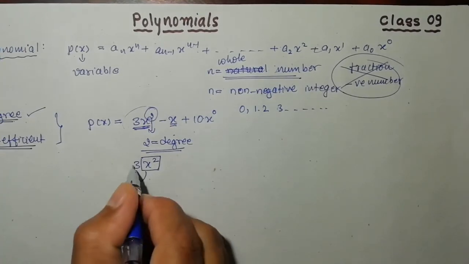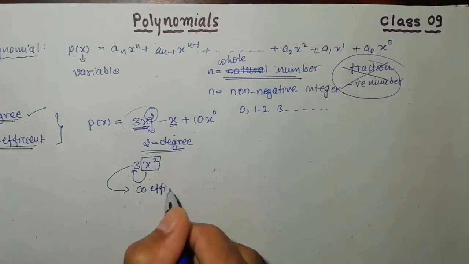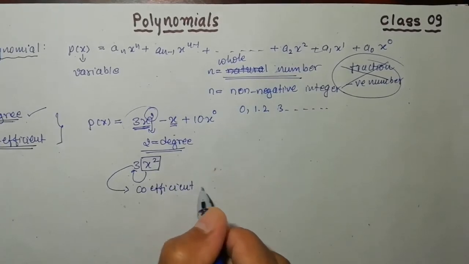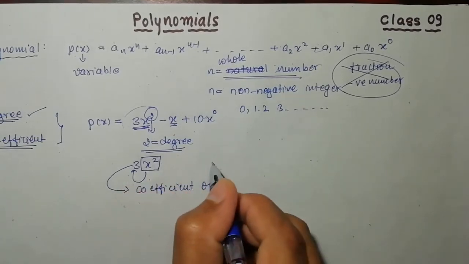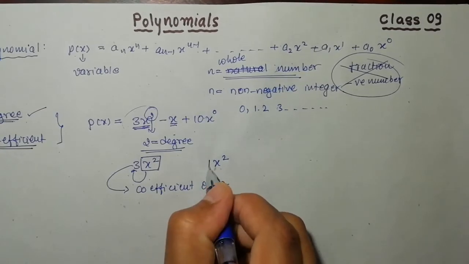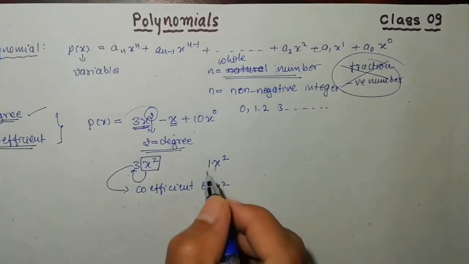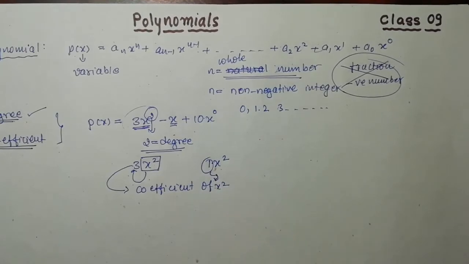This number is called the coefficient of x square. Suppose the term is just x square, then nothing is present, which means 1 is present, so the coefficient of x square is 1.